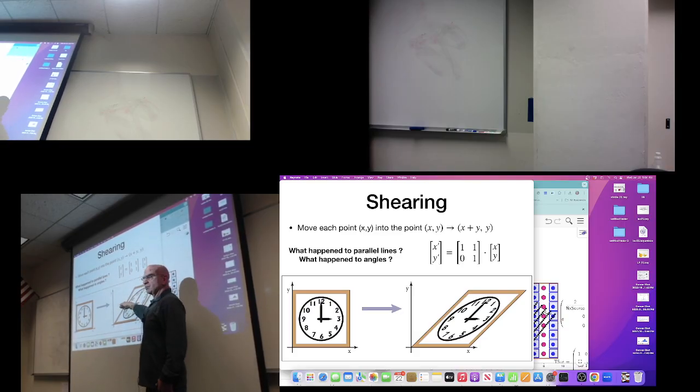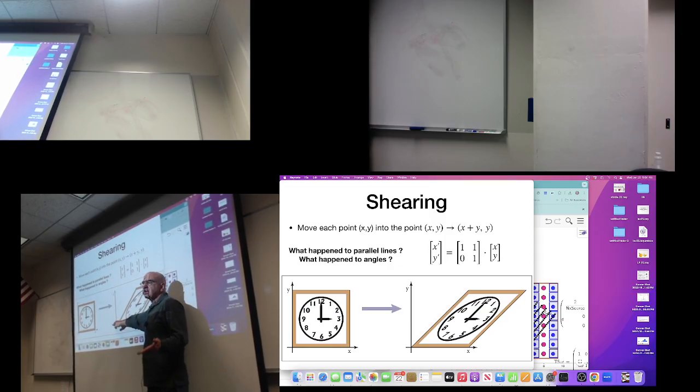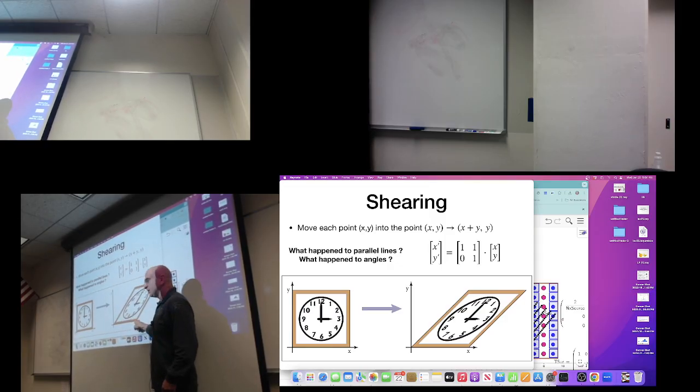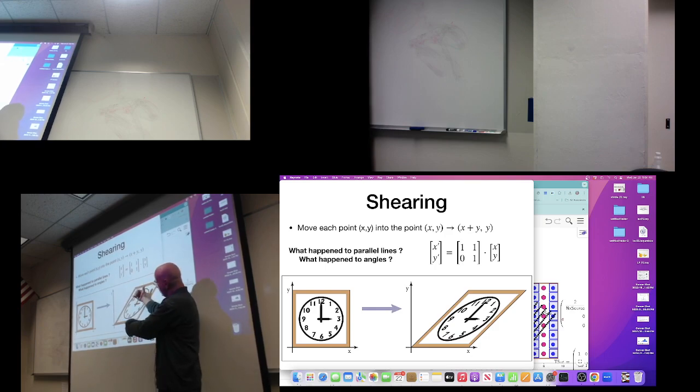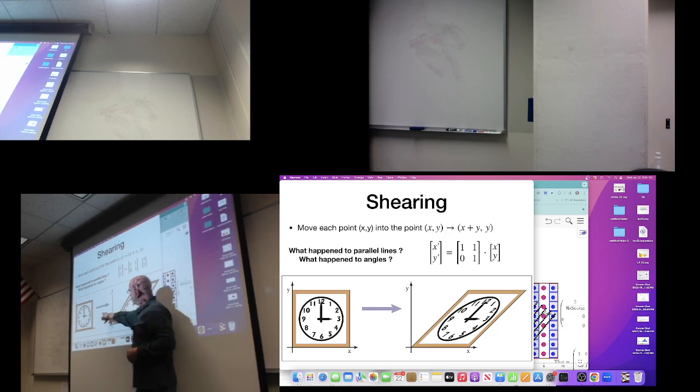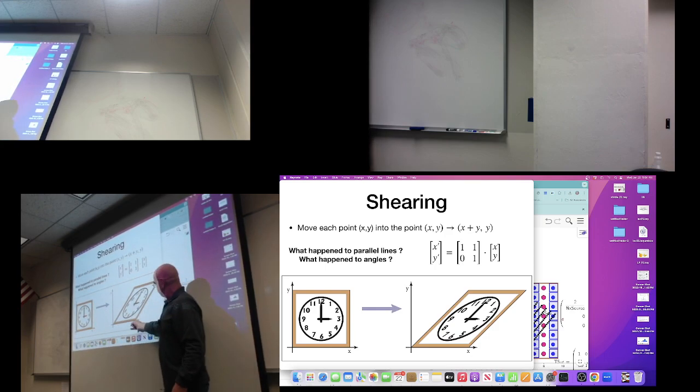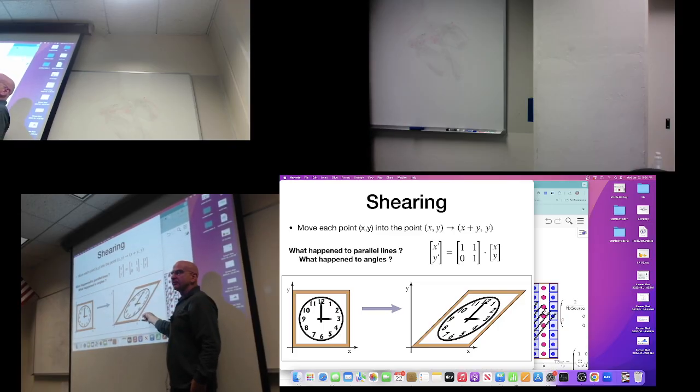So the horizontal shift takes how high you are above the x-axis at the same point. So if you're on the x-axis, x stays the same. This point doesn't go anywhere, while the higher we go, the more to the right we go. So this vertical edge turns into an edge of 45 degrees slope.